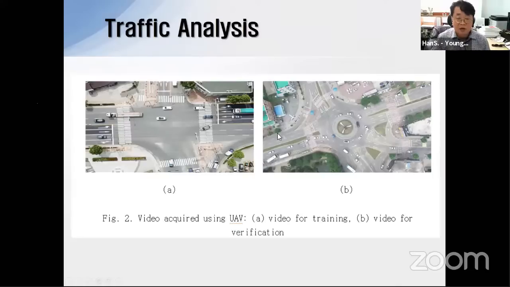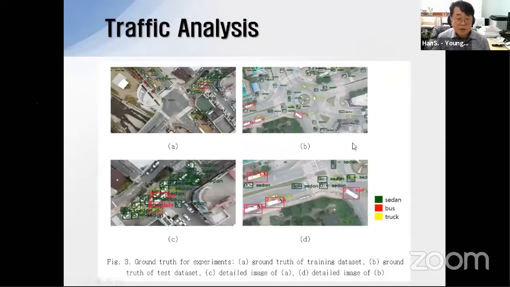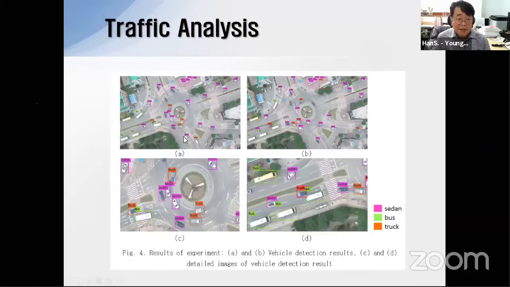That is an intersection on a Korean road. So we labeled each car as sedan, bus, and truck. So that is the result of our detected images.